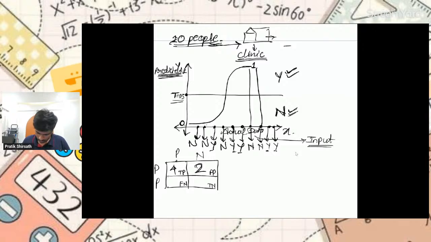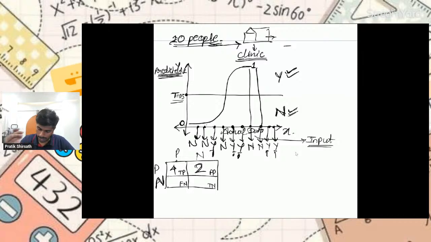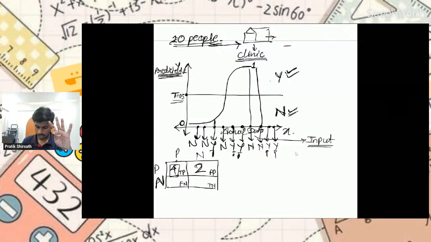Phir uske baad kya hai? This is negative, I'm sorry. Now predicted as negative but actually positive. Where are the people which were actually positive? This is yes, this is yes, this is yes, this is yes, and this is yes. Now from these people, which were predicted negative? Ye positive hai but predict hua hai kya? Negative nahi, ye to yes mein ja raha hai. This one no, this one no, then the remaining is this. Now the logic is, of the 5 people total, if 4 people are on the upper side, then the remaining one will be down. The second is 2.